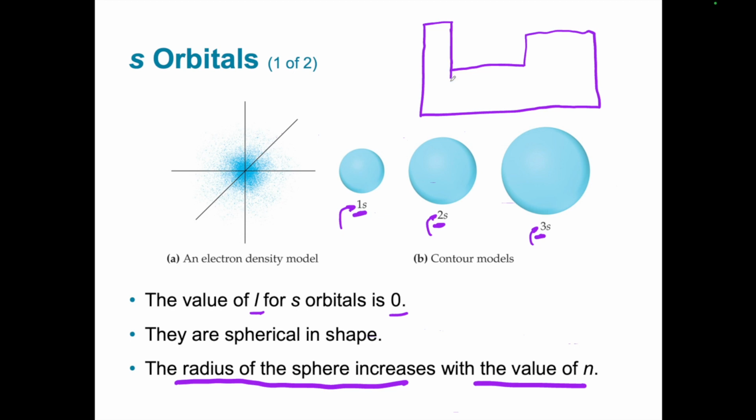Everything right here is known as the s block. And everything over here, which are the nonmetals, and some of them under the staircase too, is known as the p block.